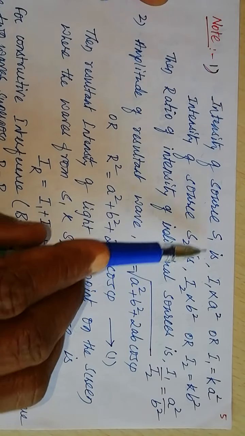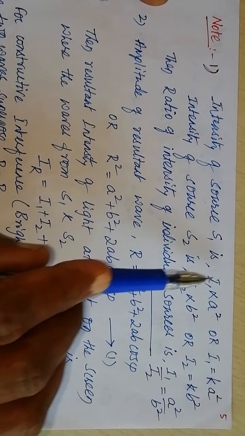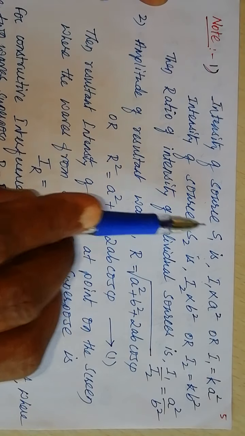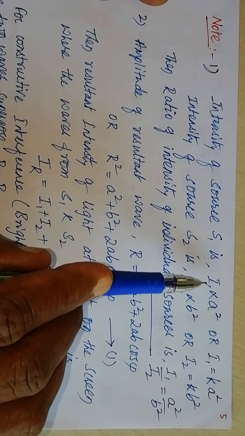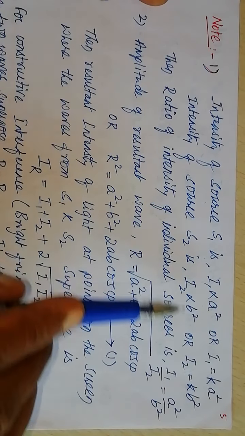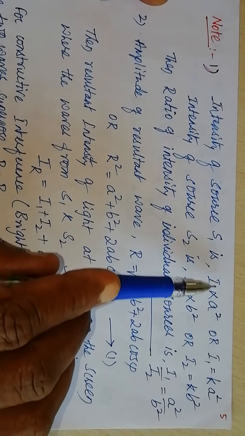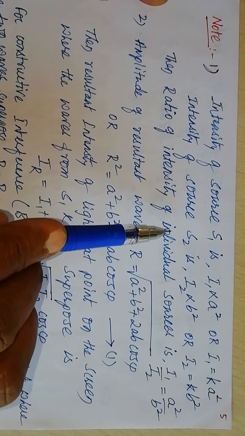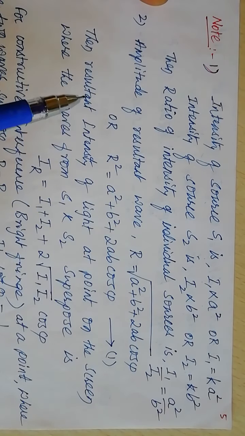As the widths of both the slits are different, the amplitudes are different, and intensities are also different. If the widths of both slits are the same, then the intensities of both sources are the same, and amplitudes are also the same. Here we are considering that the widths of slits S1 and S2 are different, thereby the amplitudes are also different.